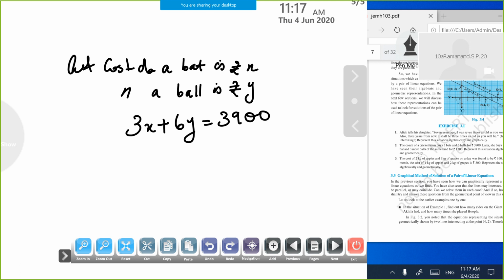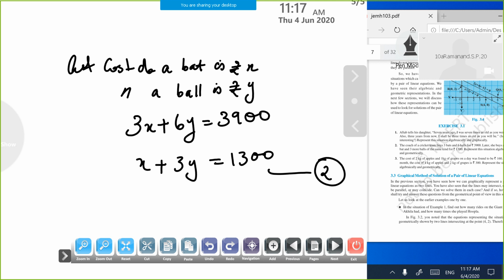Second situation is 1 bat and 3 balls, that is x plus 3y is equal to 1,300. This is our second equation.